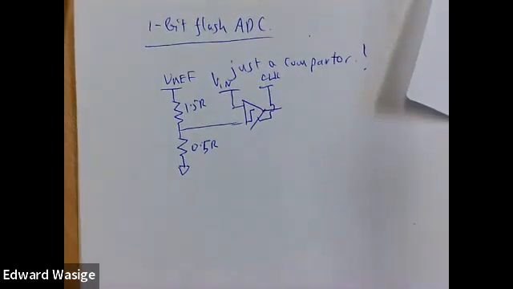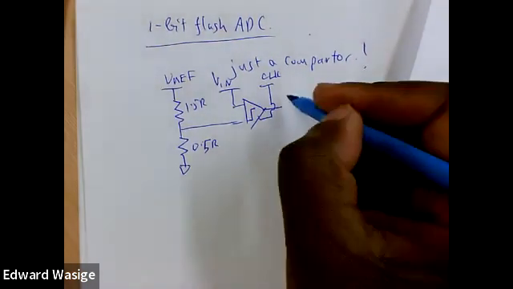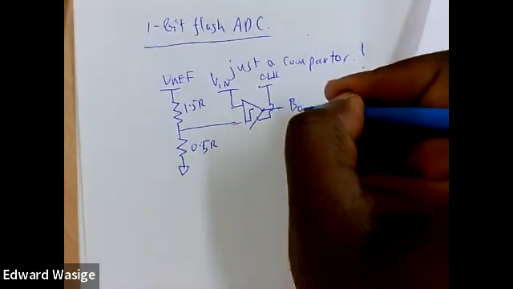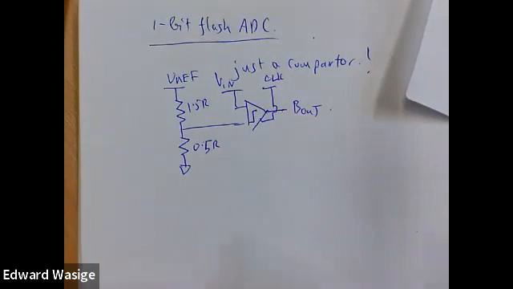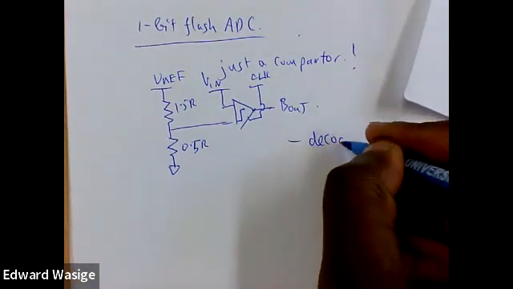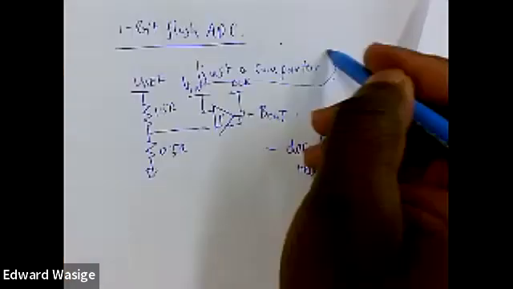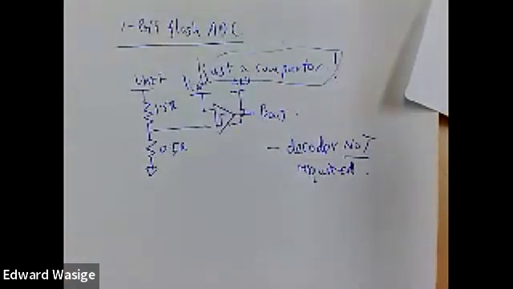Actually, for this, we don't even need the decoder, and we have B out there. Decoder not required. Search encoder ADC. So just the comparator will be able to do the job.